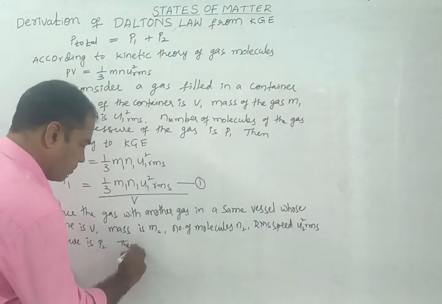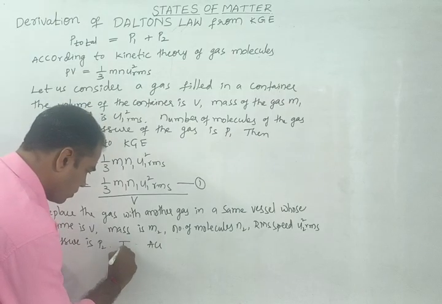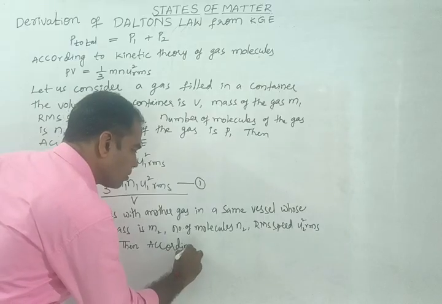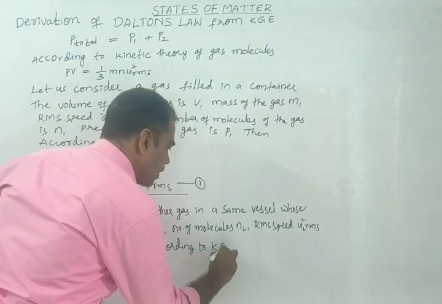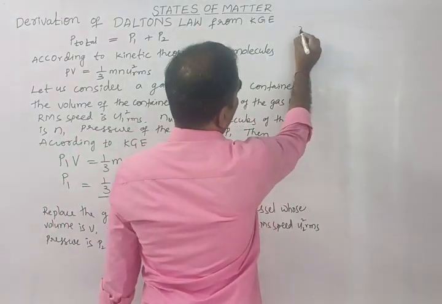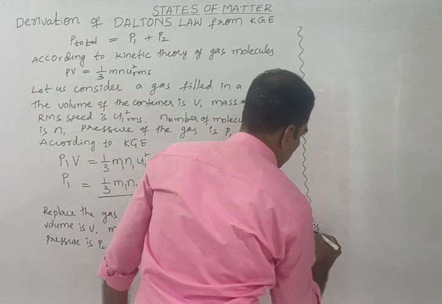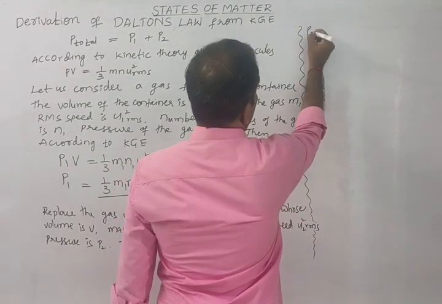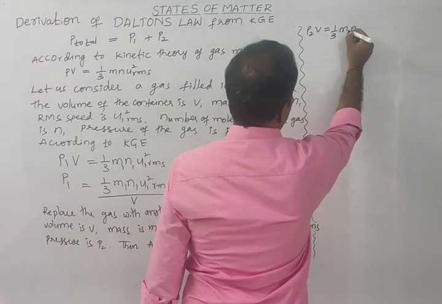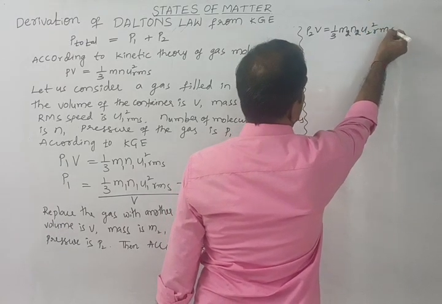Then according to the kinetic gas equation, P2V equals 1 by 3 M2 N2 U2 square RMS.